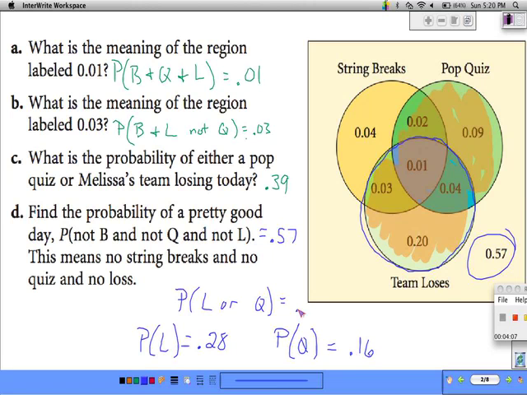And that is 0.44. But one thing to notice here is that probability of a loss or a quiz is exactly what we were finding in part C. And these numbers don't agree. And the reason they don't is because that one's wrong.